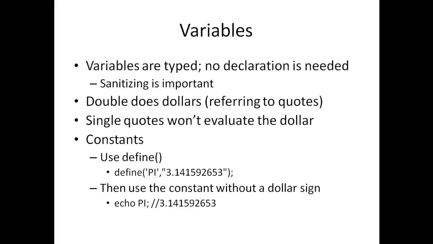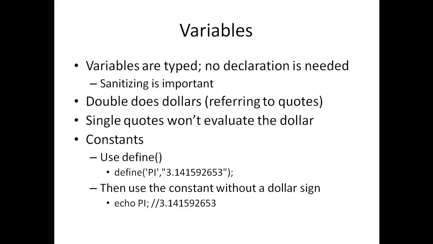What's interesting to note, though, is if you put single quotes inside of double quotes and double quotes inside of single quotes, I will leave that to you for experimentation unless we happen to cover it in a later section. So single quotes won't evaluate the dollar.